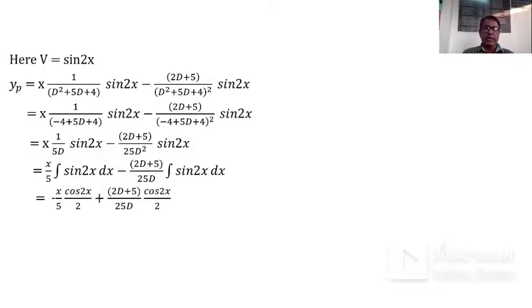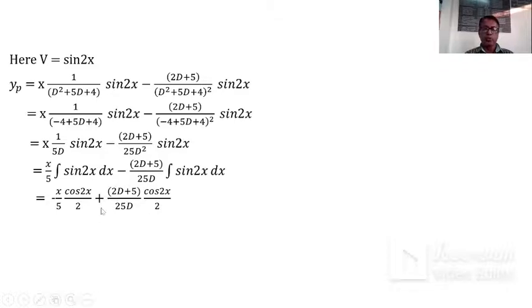We know x upon 5 as it is, and the integration of sine 2x is minus cos 2x upon 2. Now again integration of this sine 2x is minus cos 2x upon 2, and this minus sign becomes minus minus plus, and this term as it is.